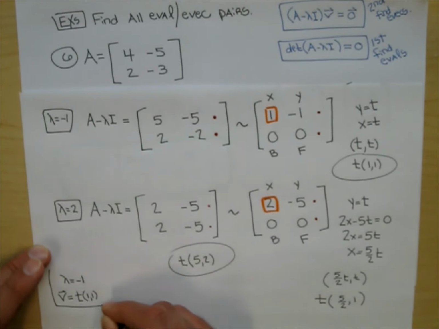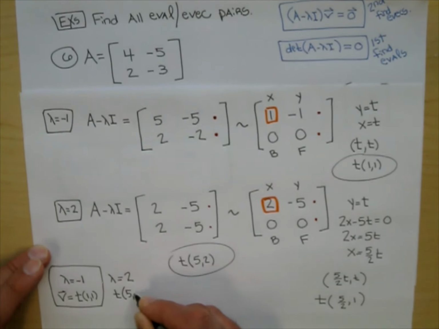And then when lambda equals 2, we ended up getting t times 5, comma 2.